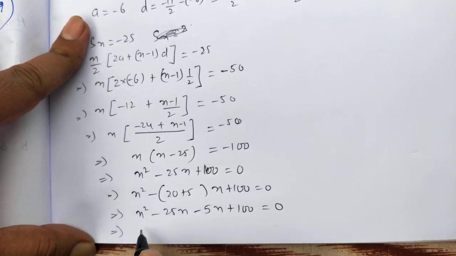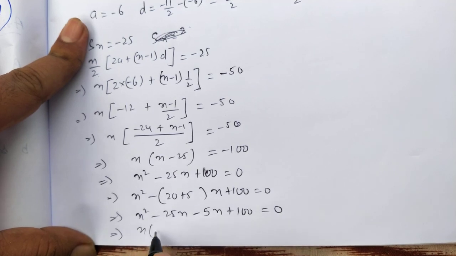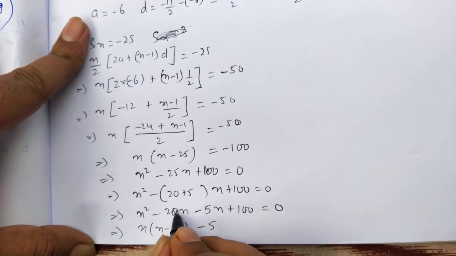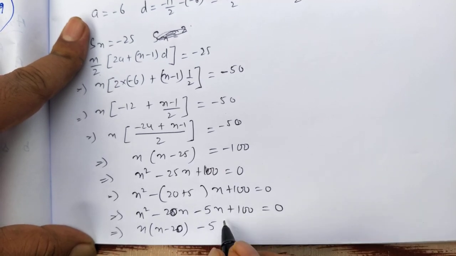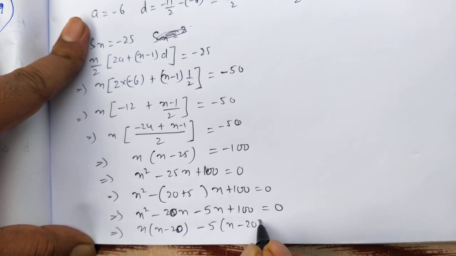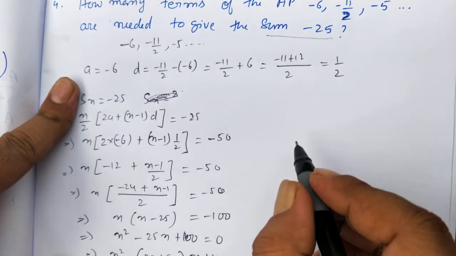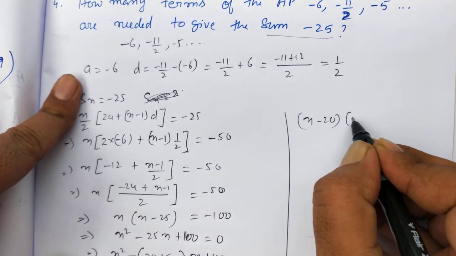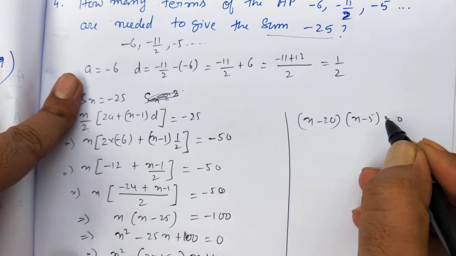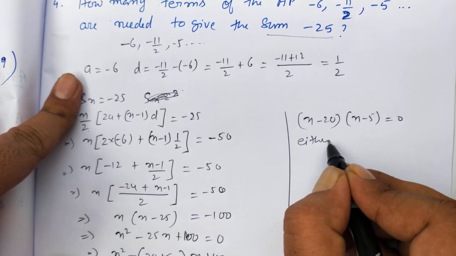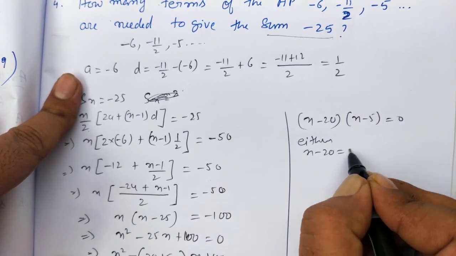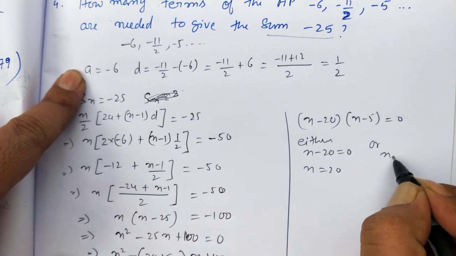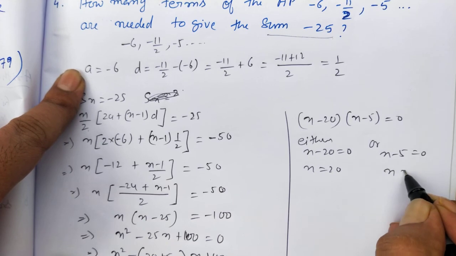What is common? n is common: n times (n minus 20), and here 5 is common: minus 5 times (n minus 20). So we get (n minus 20)(n minus 5) equal to 0. Either n minus 20 equal to 0, so n is 20, or n minus 5 equal to 0, so n is 5.